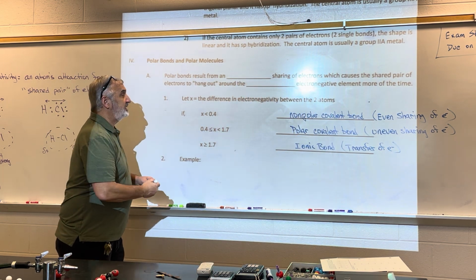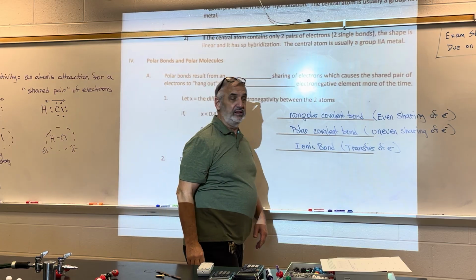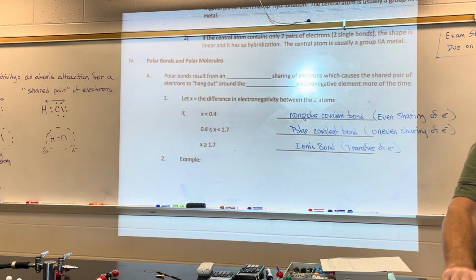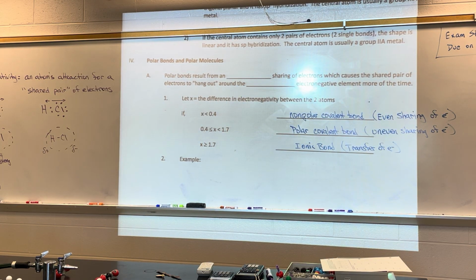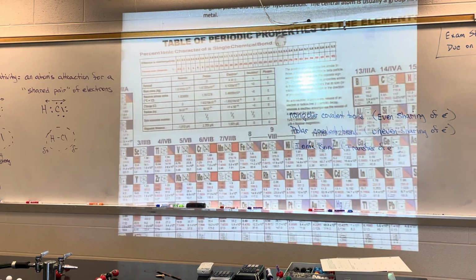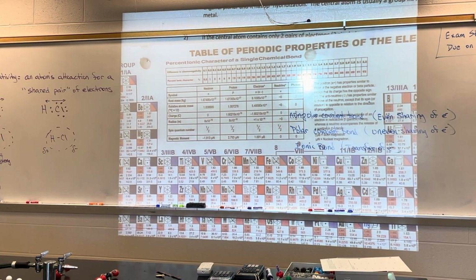Now, we can see this on your periodic table. On the back side of the periodic table up at the top, it has a chart with difference in electronegativity versus ionic character.